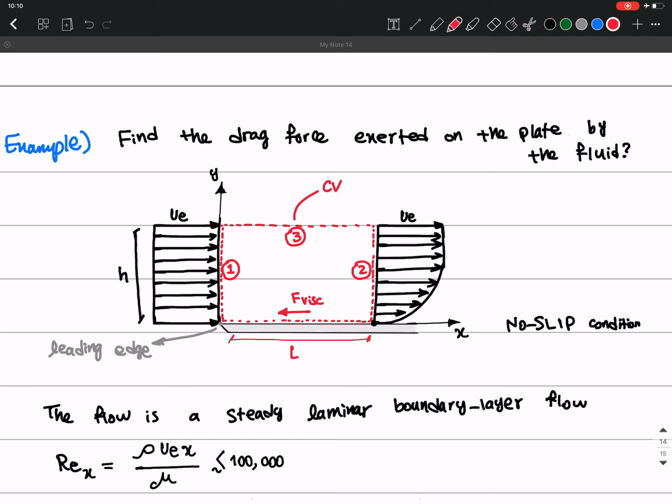This is the unknown that we want to find. And here the velocity is a function of y in the y direction, right? So it's not exactly ue like this part. It becomes ue far from the surface, like here, okay?